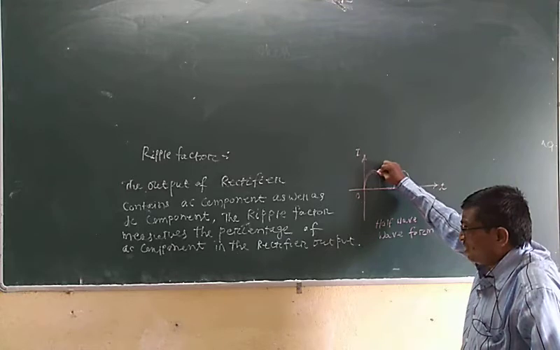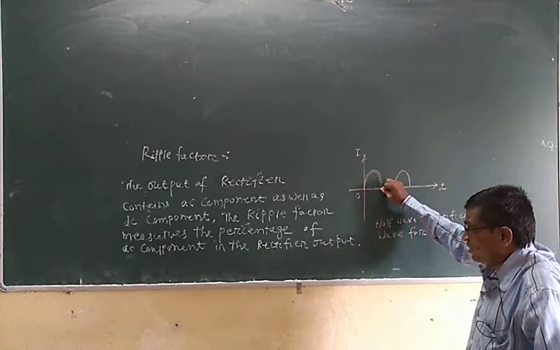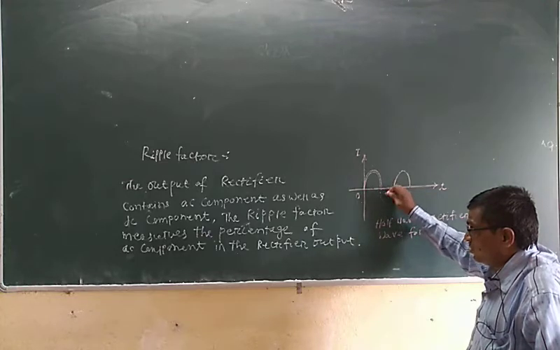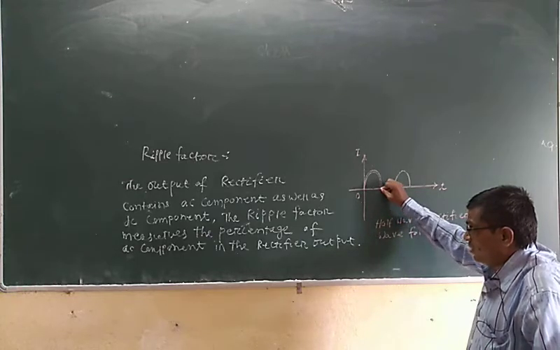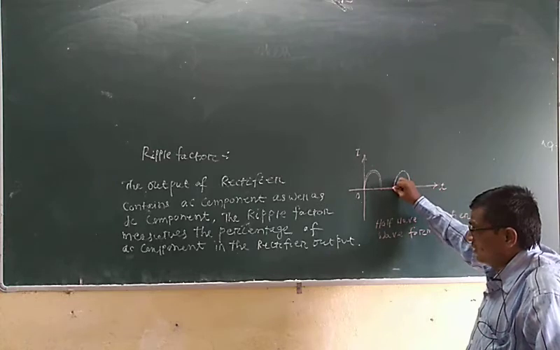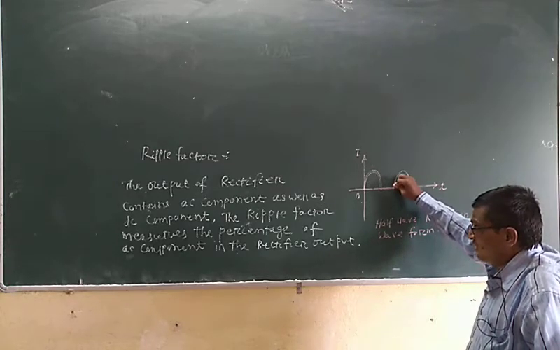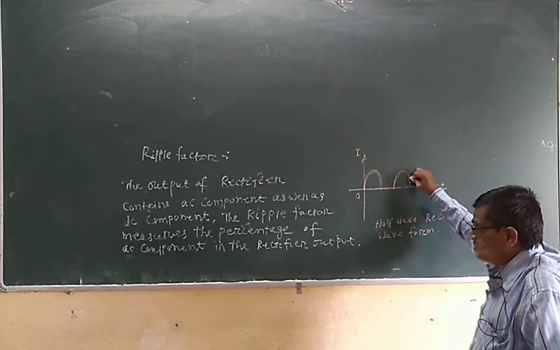So this positive half cycle flows in the rectifier circuit, and in the negative half cycle there is no current, so it stays on the time axis. Then again the positive half cycle flows through the diode.